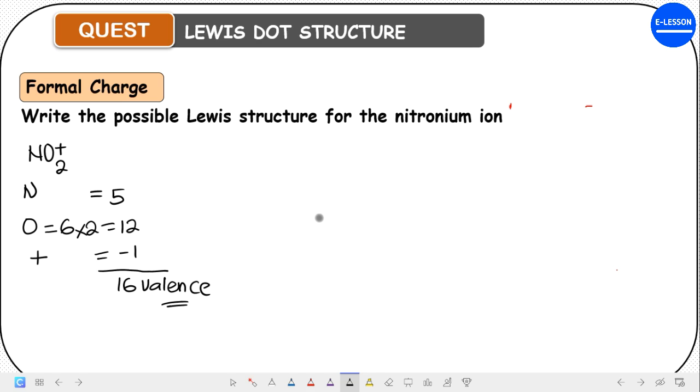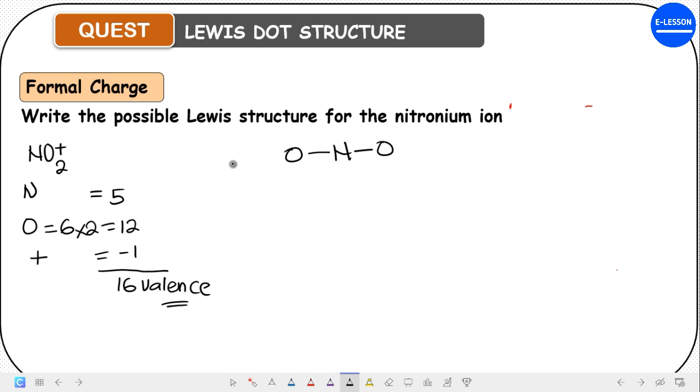And also, you use one bond only to link the atoms in the compound or ion given. So it means nitrogen is the central atom, and you are going to use one bond to link it with the oxygen and with the other oxygen, since we have 2 oxygens there.